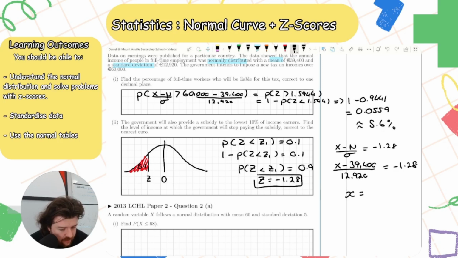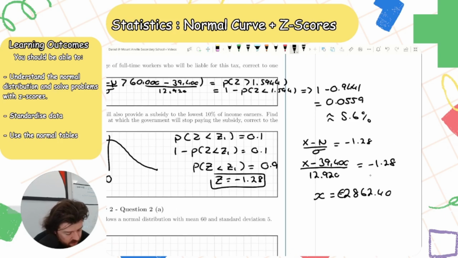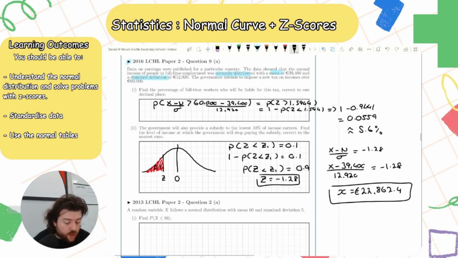I get x is equal to 22,862.4 euro. So if you earn more than 22,800 euro, you will not get this government subsidy, not being in the bottom 10% anymore.